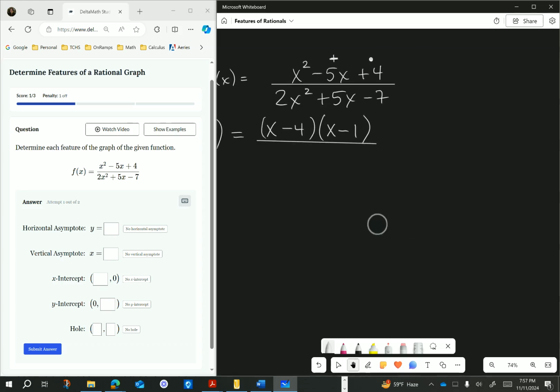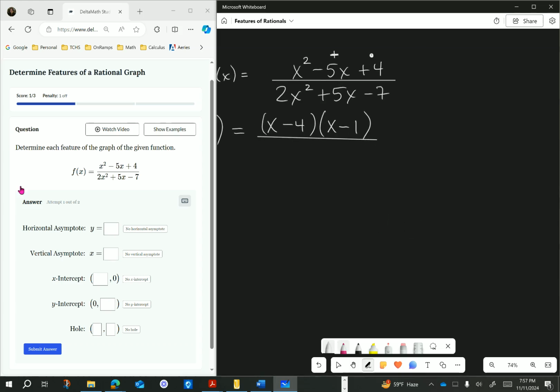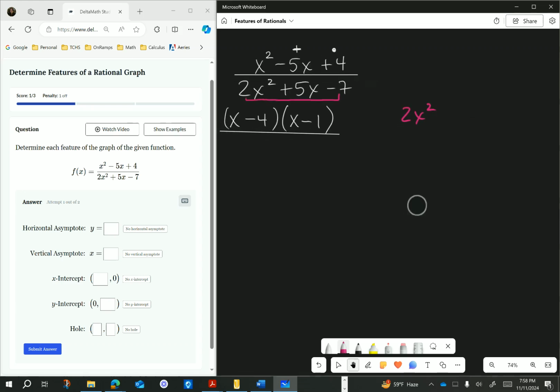Downstairs, well, let's factor this trinomial over here on the side. So we have 2x squared. I need to figure out two numbers that multiply to be -14 that add to be 5. So let's put -2.